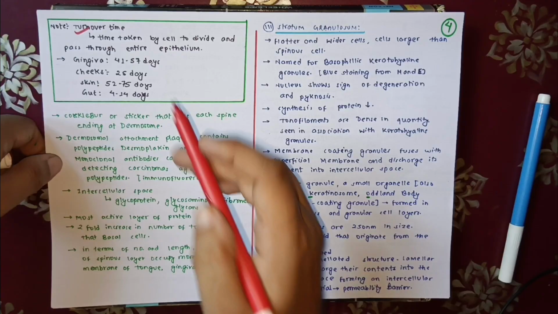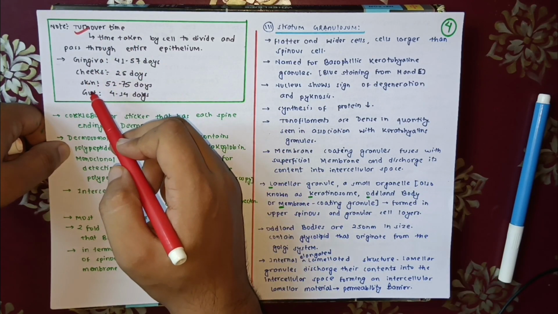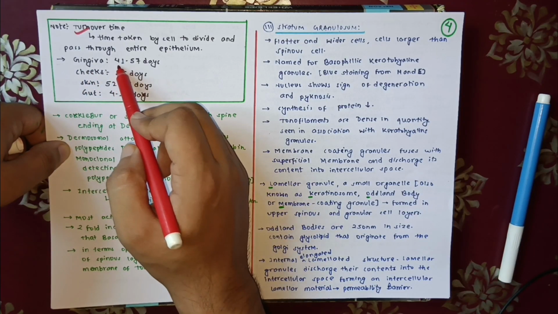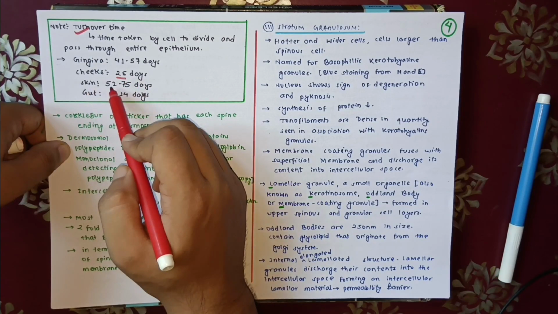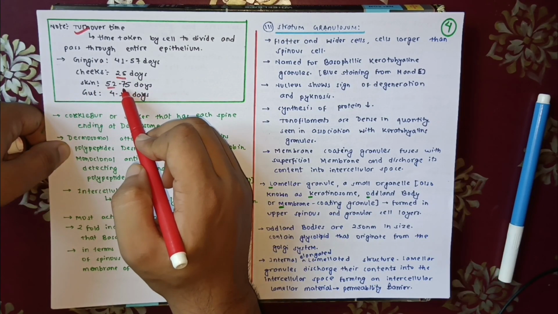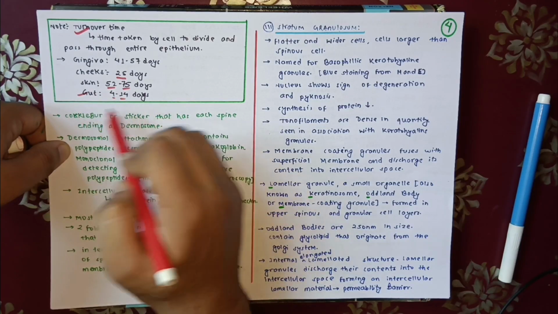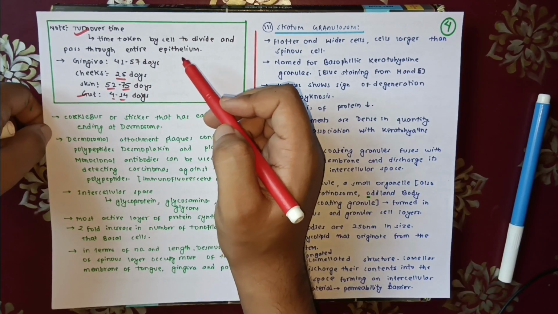The turnover time is different in different places of the oral mucosa. In the gingiva it is 41 to 57 days. In the cheeks it is 25 days. In the skin it is 52 to 75 days, and in the gut it is 4 to 14 days, so it is shortest in the gut. You can remember these data, and they are mostly asked in MCQ exams.